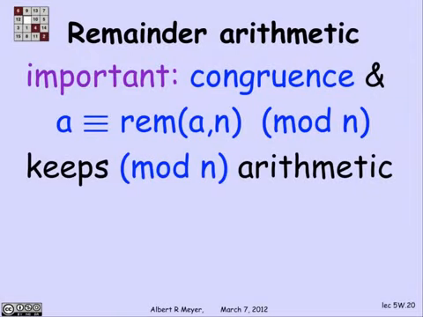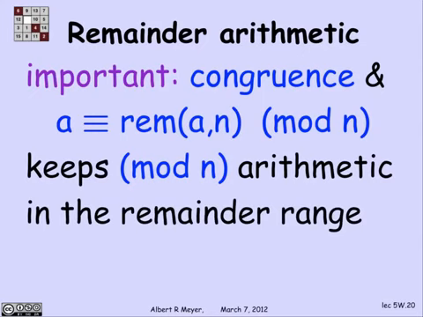And the other crucial point that follows from this fact about remainders is that because a is congruent to the remainder of a divided by n, when I'm doing arithmetic on congruences, I can always keep the numbers involved in the remainder interval, that is, in the remainder range from 0 to n minus 1.